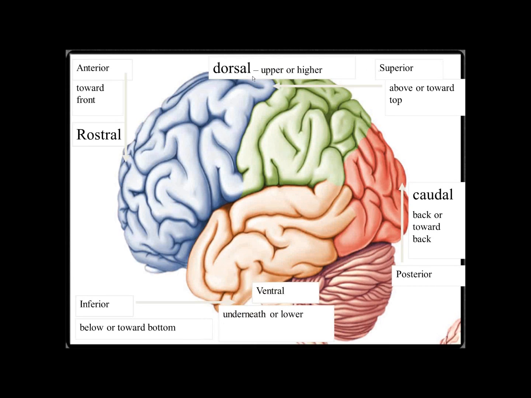Superior is similar to dorsal. It's above or toward the top. And anterior, of course, is toward the front, which is similar to rostral. We have posterior, which is toward the back, which is similar to caudal. We have ventral, which is underneath or lower. And also, we sometimes use the term inferior to represent below or toward the bottom.